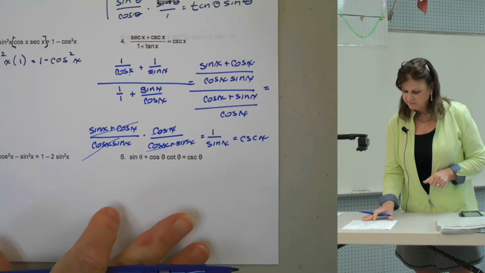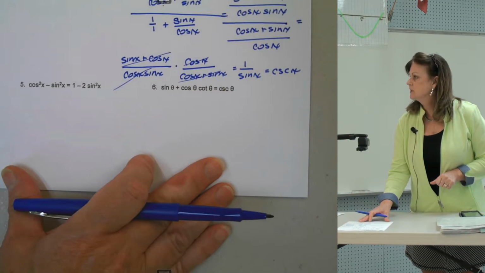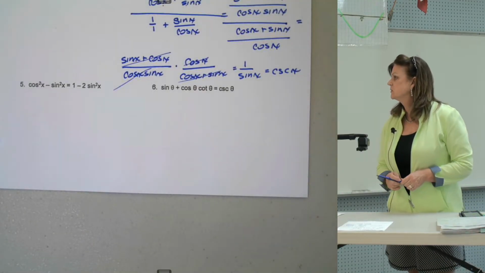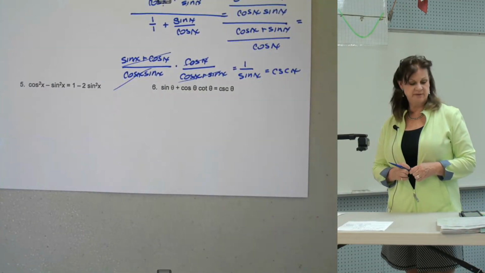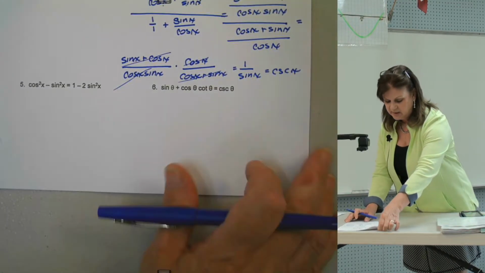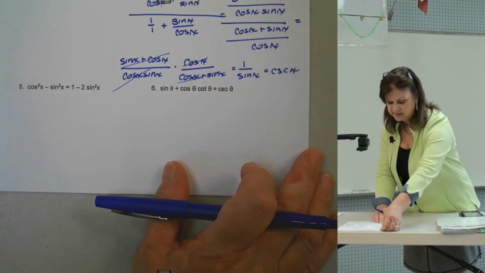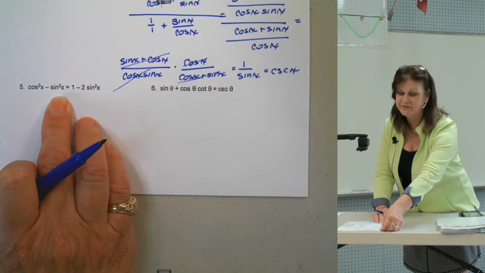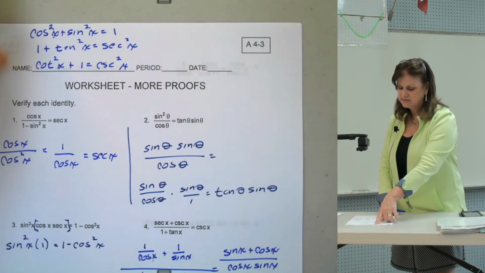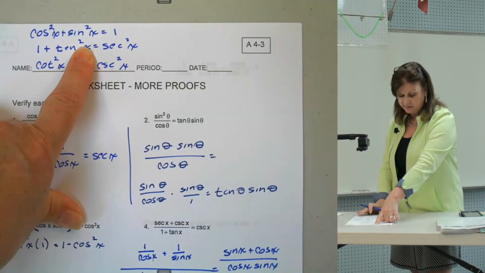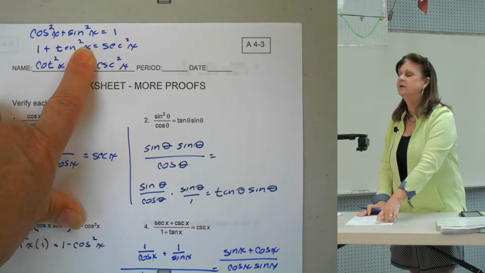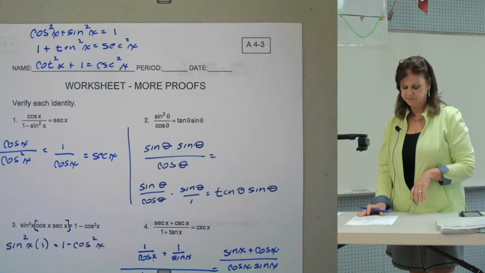All right, let's look at problem 5. Cosine squared minus sine squared x is 1 minus 2 sine squared x. I need the sine to stay in the problem. The problem is I've got to get 2 of them somehow. But let's come up here and look at our granddaddy equation again. Cosine squared is 1 minus sine squared x.